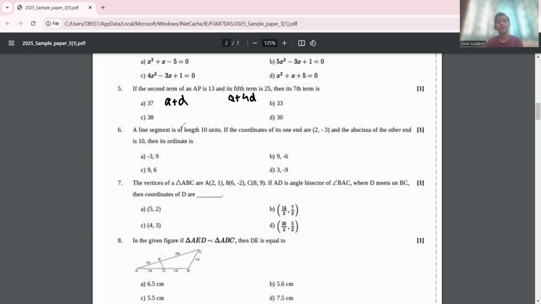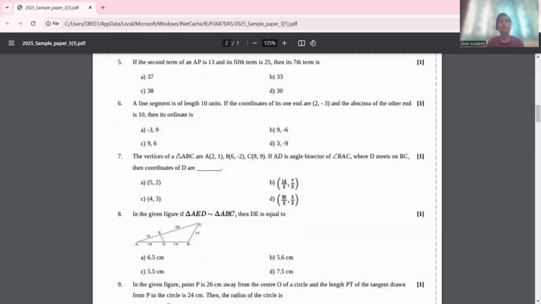So if we subtract the two, we get 3d equals 25 minus 13, which is 12. Thus d is 4. Now this is the fifth term. To get to the seventh term, we have to add d twice, because fifth term to sixth term is 1d, then sixth term to seventh term is 1d. So we add 2d to 25. So 25 plus 2 times 4, that's 8. So the answer becomes 33. Moving on to the next question.